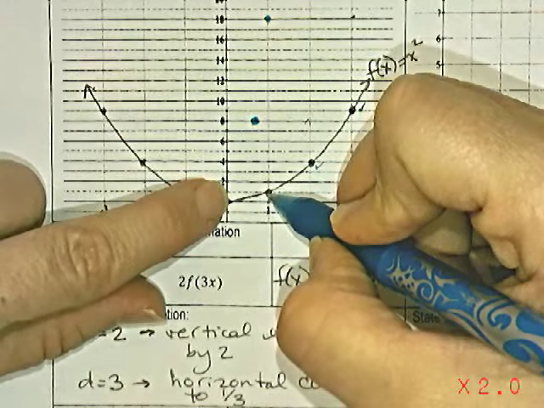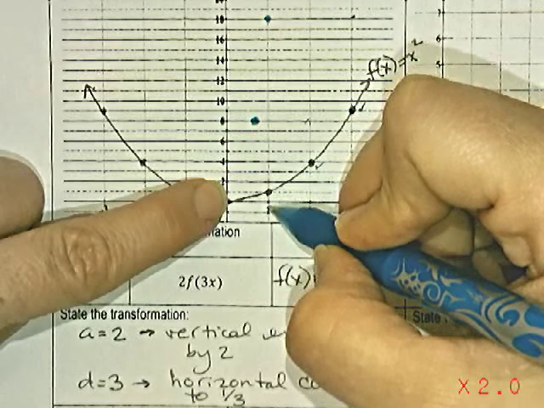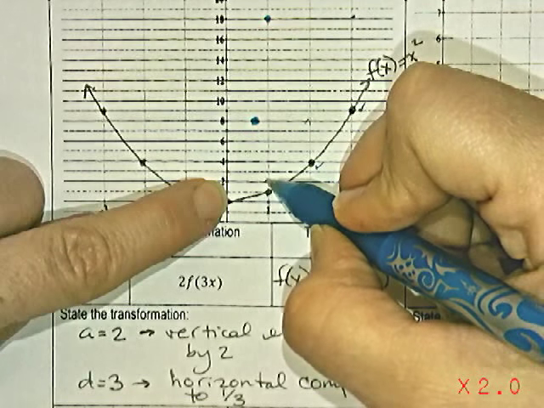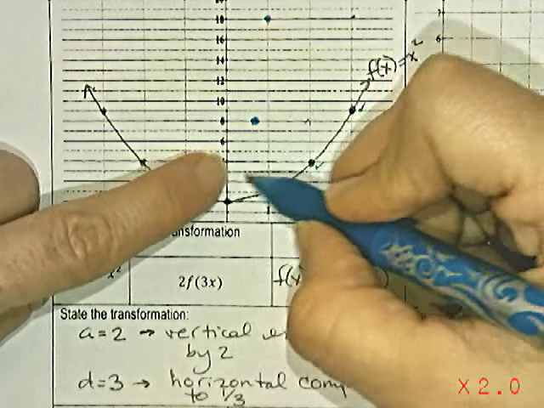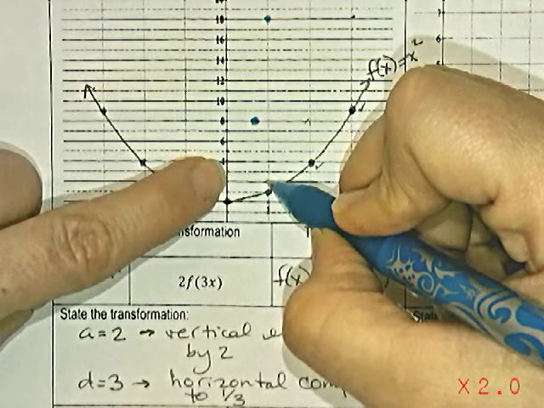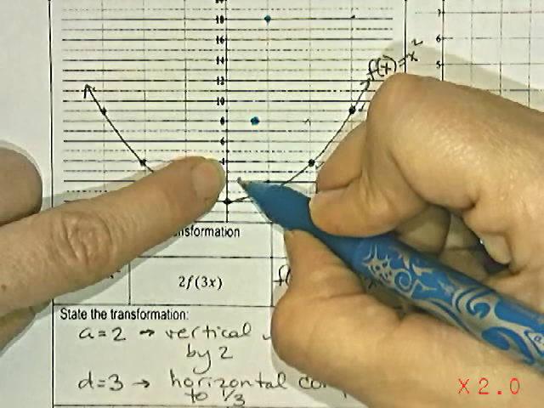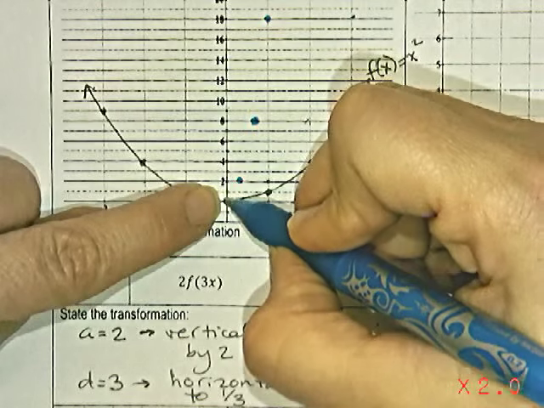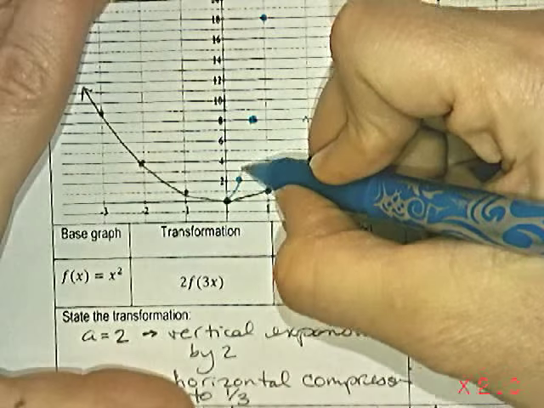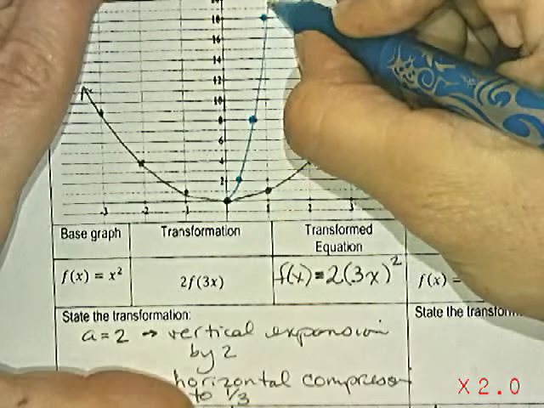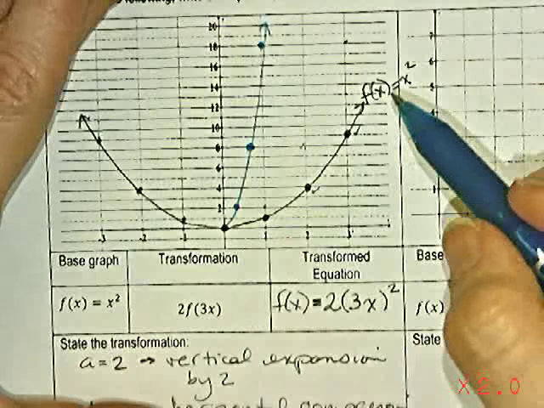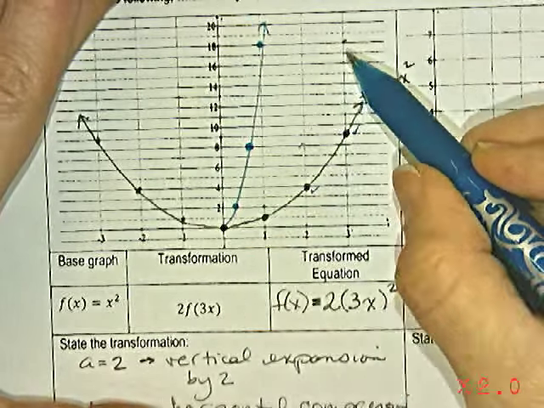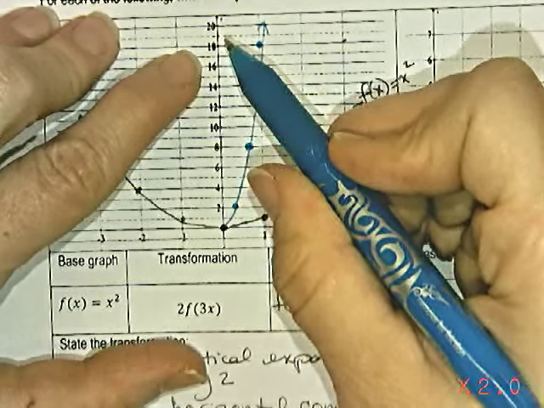This coordinate, where does it go? Well, if I double that vertical distance from 1 up to 2, and then I will take this horizontal distance and go back to 1/3 of what it was. If I double a 0 or take 1/3 of a 0, I'm still in the same spot. And so we get this set of transformed dots where we're vertically expanding and horizontally compressing.